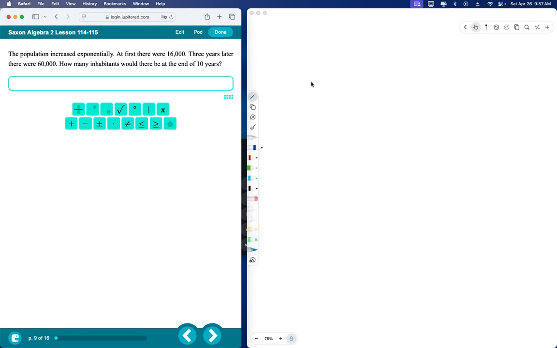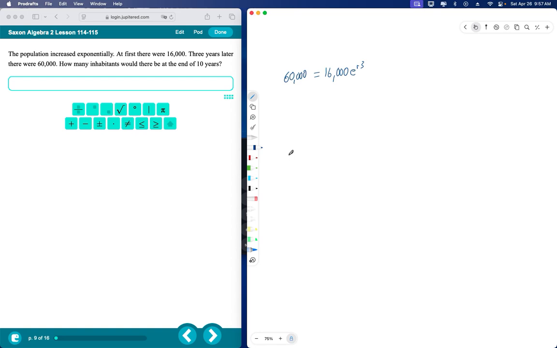Another population increased exponentially thing. So same type of thing. The only question is, did Saxon round it or did he not round it? So let's see. At first there were 16,000. 3 years later, so that is e^(3r), there were 60,000.